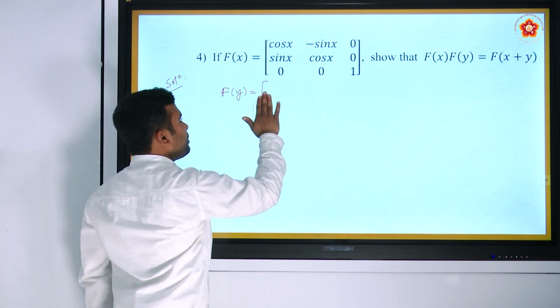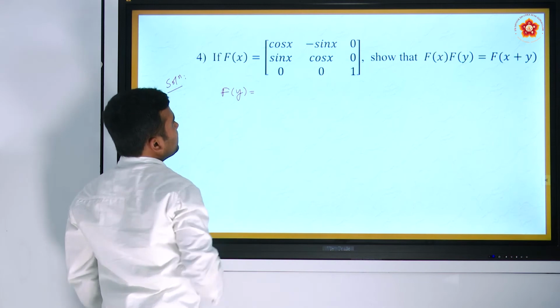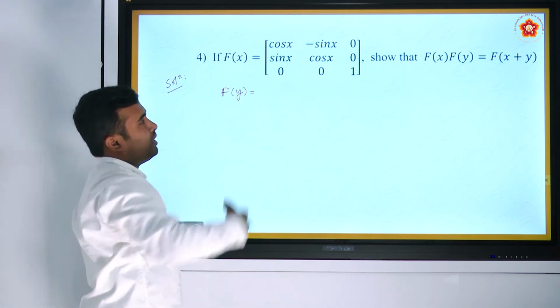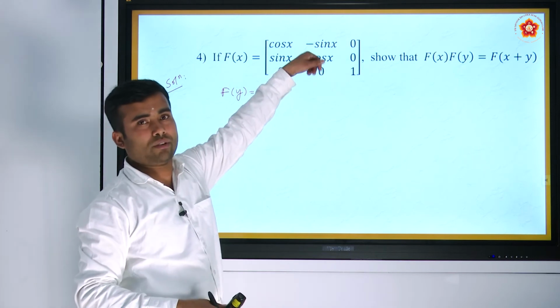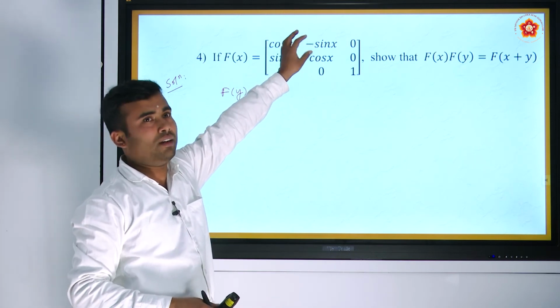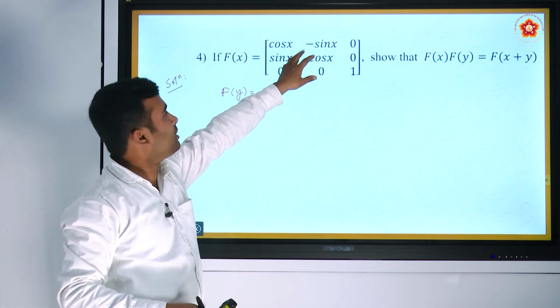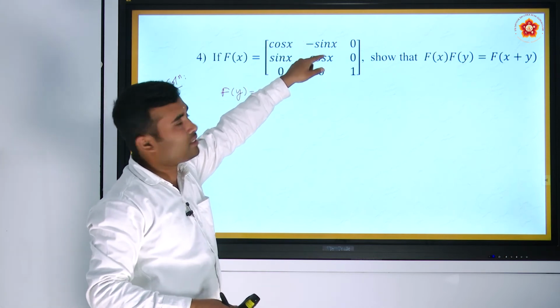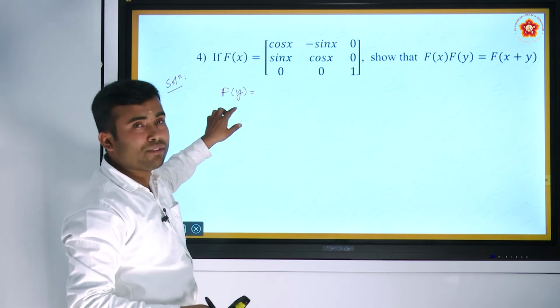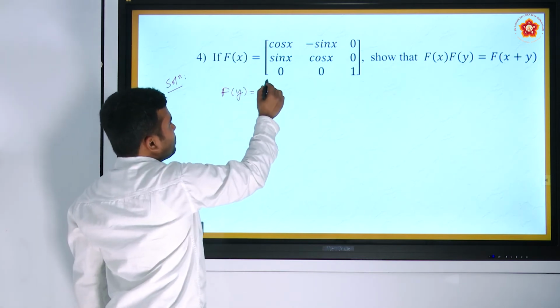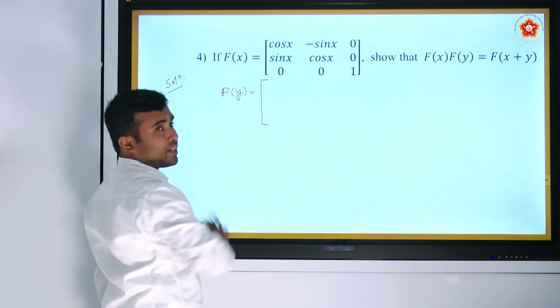Here they have given f of x, where x is the variable, okay, and the matrix is in terms of x only. The variable in the elements of the matrix is x. So now to write f of y, you just replace x with y.